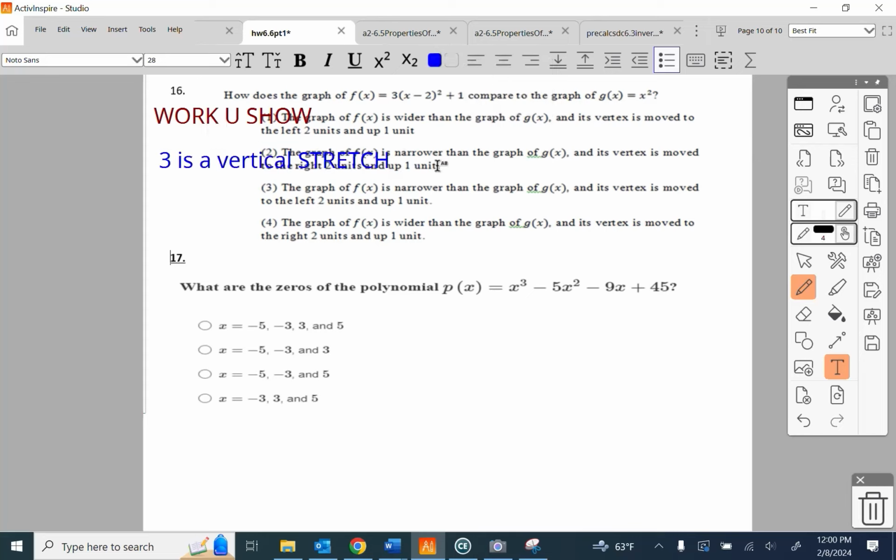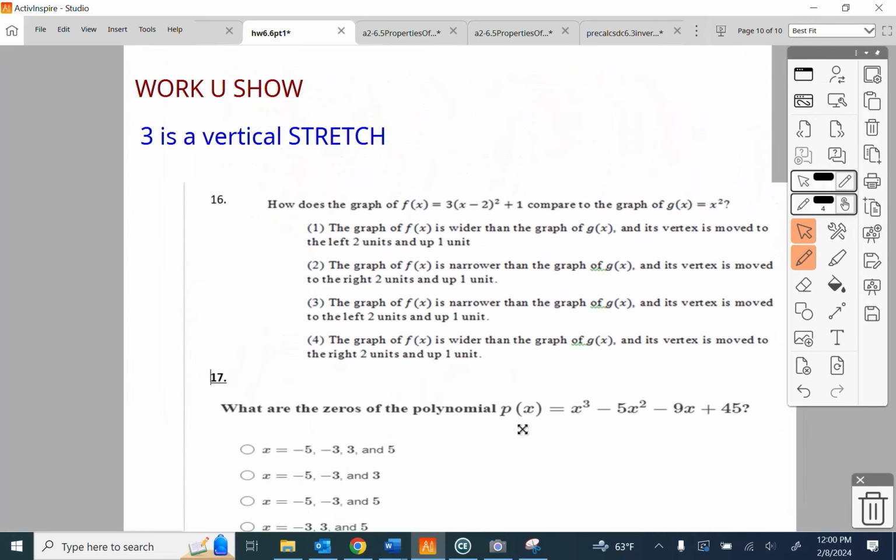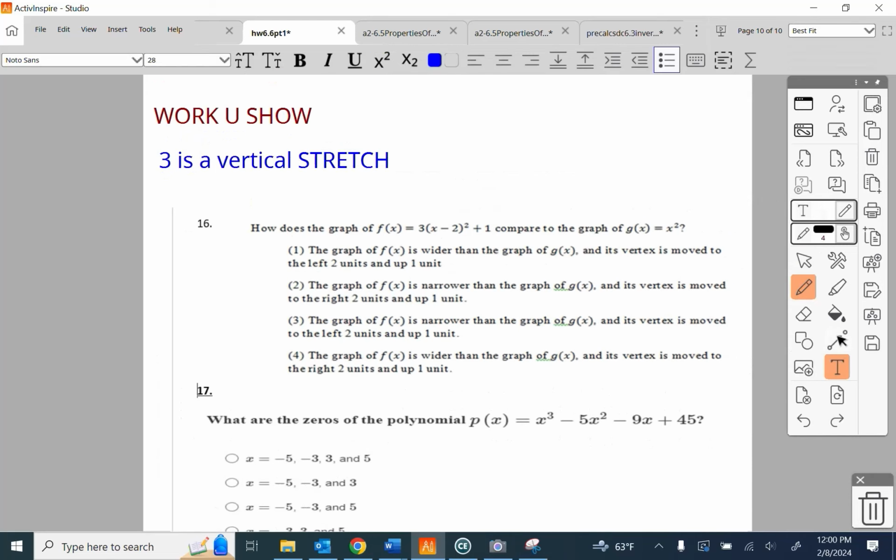Blue? Yeah, and it's all pretty bad, isn't it? There you go. I see x minus 2. That is a shift right 2. I see a plus 1. That is an up 1.